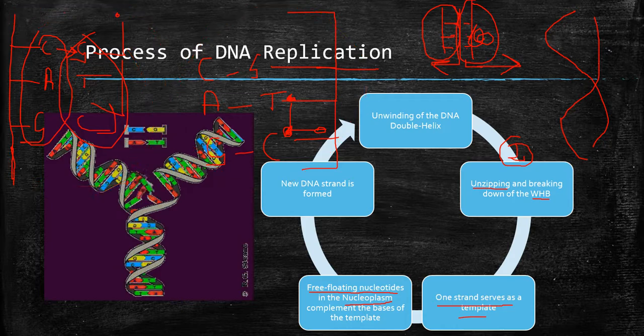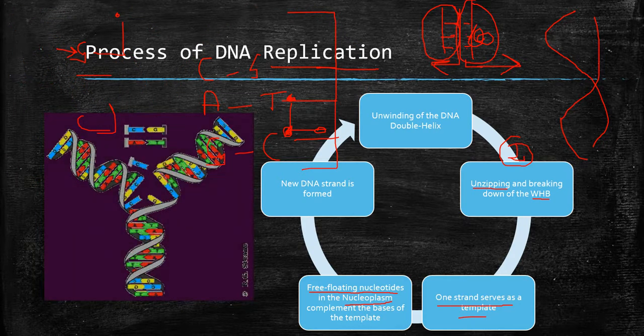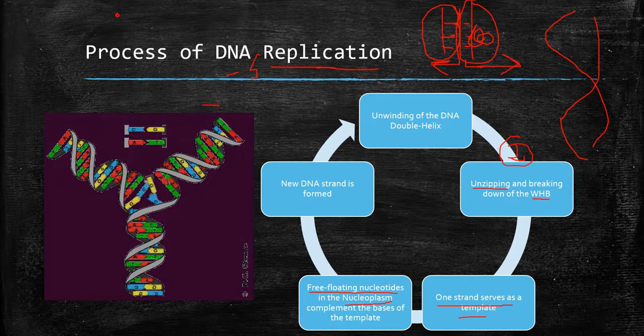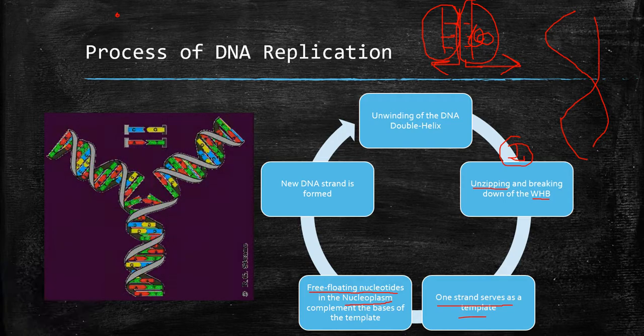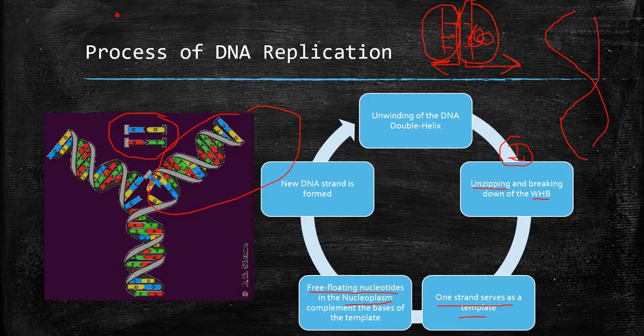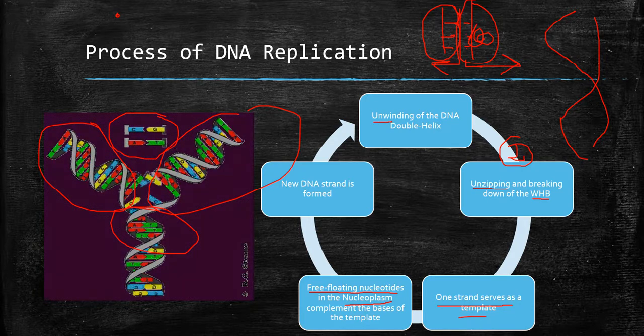Alright, so I'm going to go ahead and erase this and show you the motion picture in the background. Now if you look at this GIF, these are the free-floating nucleotides you would have inside the nucleoplasm, and then here you've got one template strand and another template strand, and at this point there are two processes taking place, the unwinding and the unzipping.